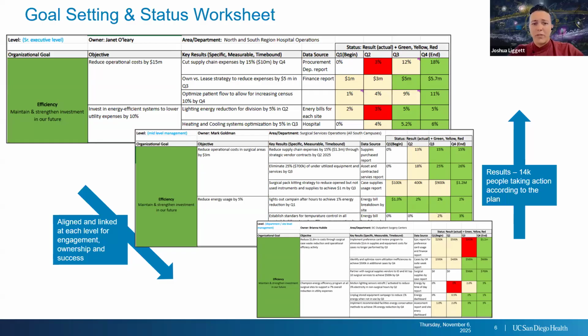The next group above might be focusing on a larger bucket of operational costs within surgical areas. So there's a relation there. And then when we get up to, say, the tier 3 level, Jen and O'Leary, it might be just a general operational cost reduction. This is purely focusing on the efficiency bucket, but other domains could have significantly different goals.